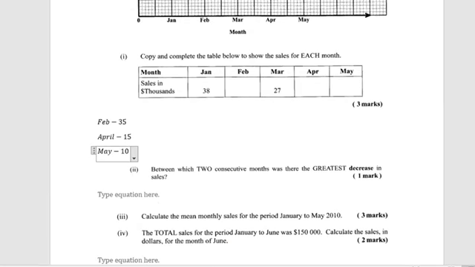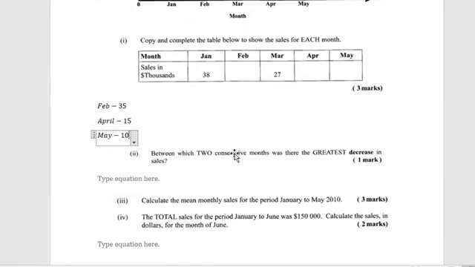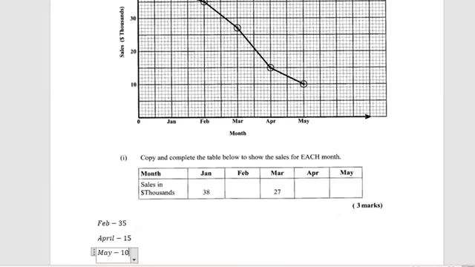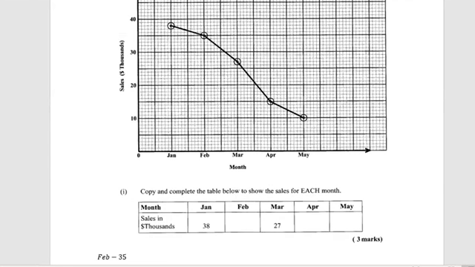So then part 2 says, between which 2 consecutive months was there the greatest decrease in sales? So we now know what February, April, and May is. So which 2 consecutive months was there the greatest decrease in sales?